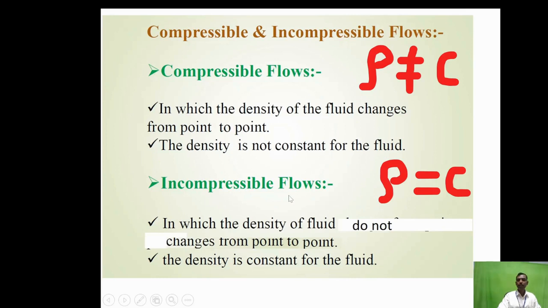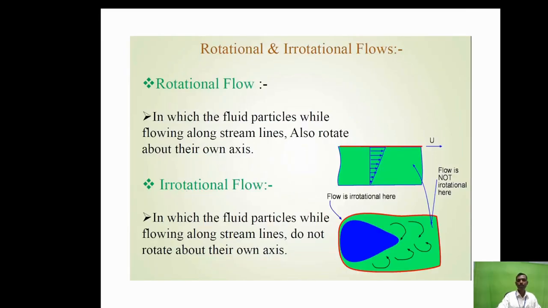For incompressible flow, the density is equal to constant. The density value does not vary, and that is called incompressible flow, in which the density of the fluid does not change from point to point.